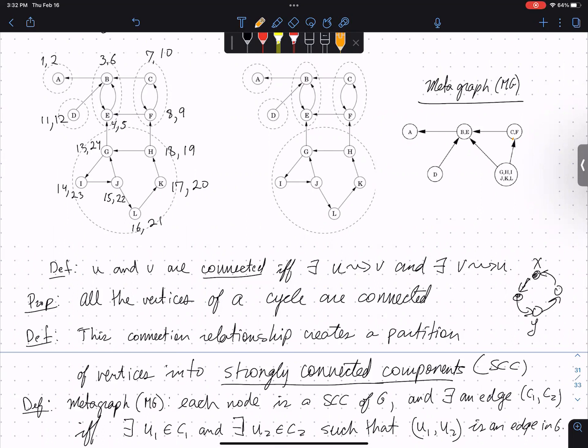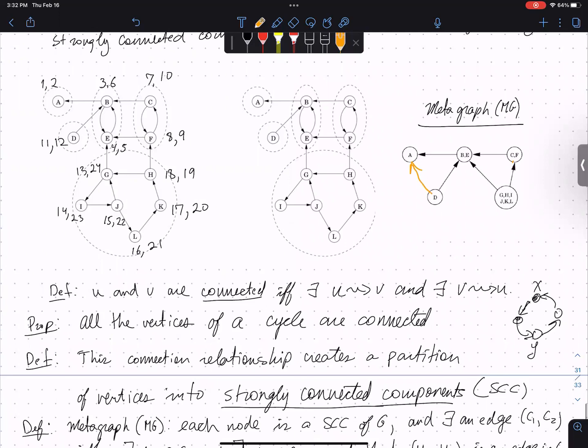So, for example, if you had an edge from D to A, right? That means you would have had an edge from D to A in the original graph. I'm sorry, that's a bad example because D to A doesn't create a cycle in the metagraph.